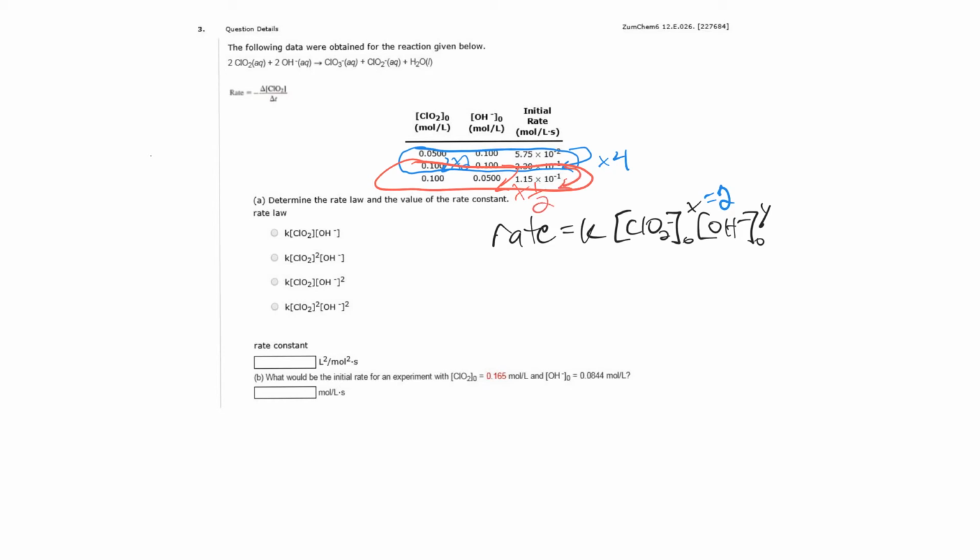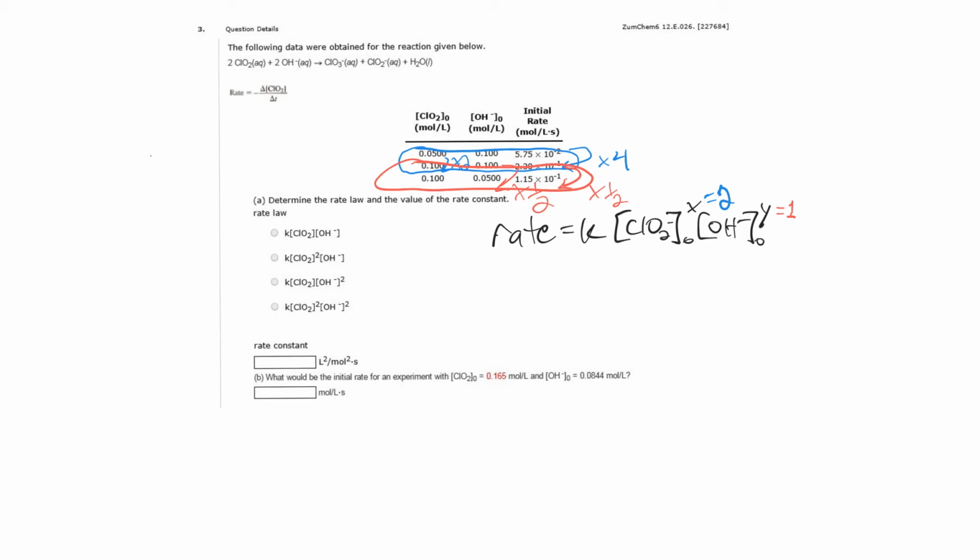Well, this time the exponents are the same, 2.3 times 10 to the negative second and 2.1 times 10 to the negative second. That is a times half. So here we have the rate multiplier being the same as the multiplier for the reactant hydroxide ion. And the only time we experience that is when the exponent is 1.